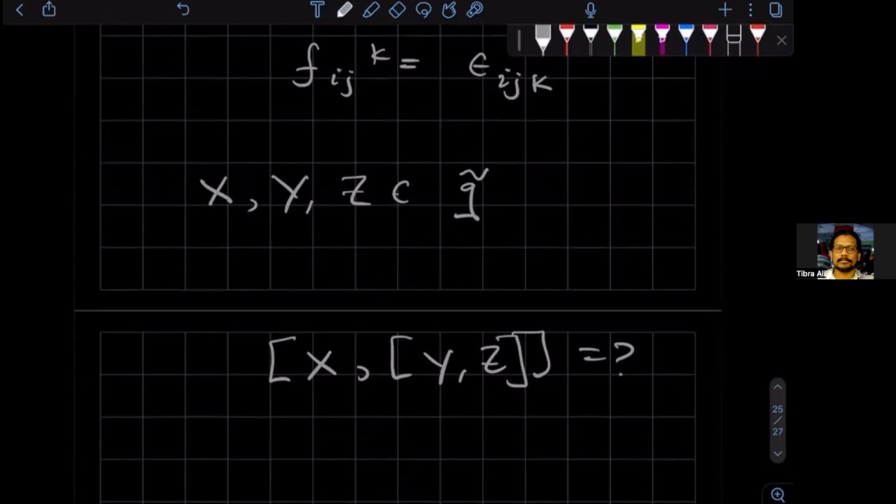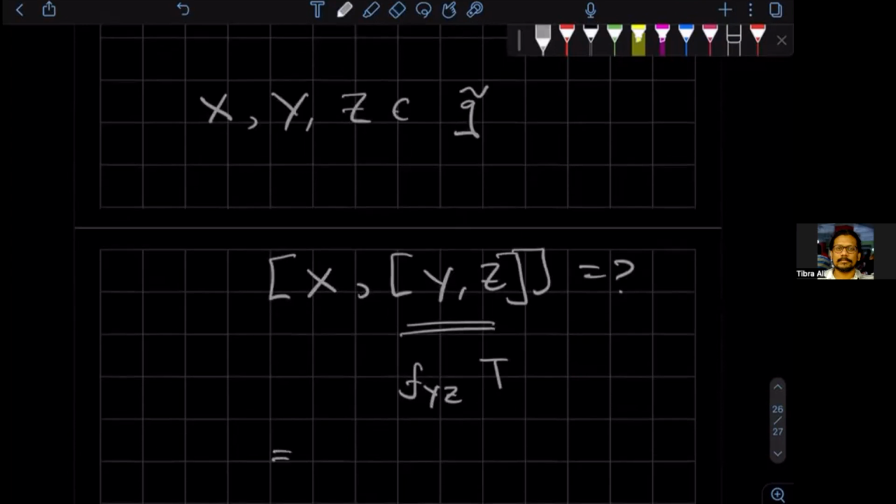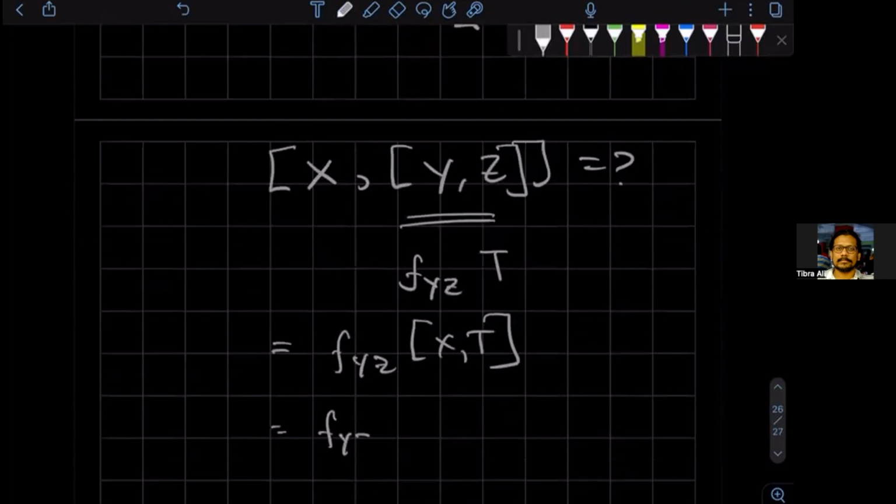Because we can first write this as some f of Y, Z times t, and then we can write this as f of Y, Z, X of t, and then f of Y, Z, f of X of t, and then some other Lie algebra element.